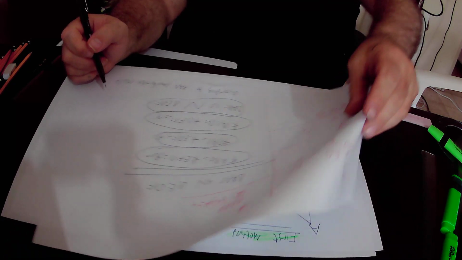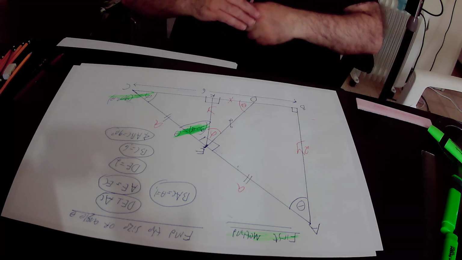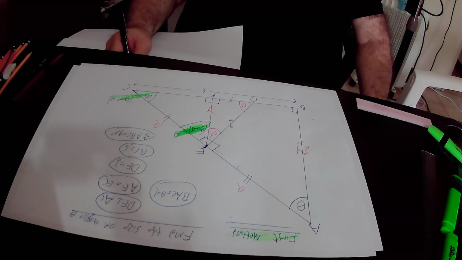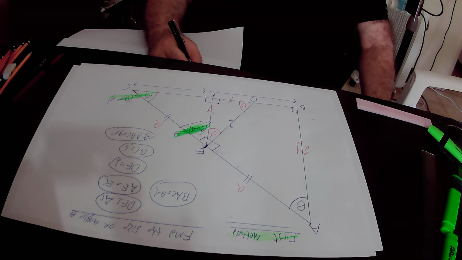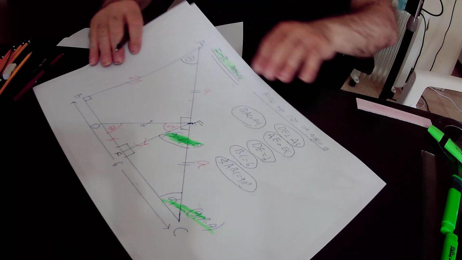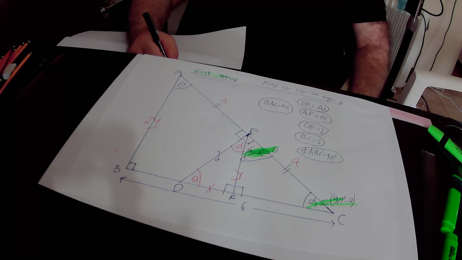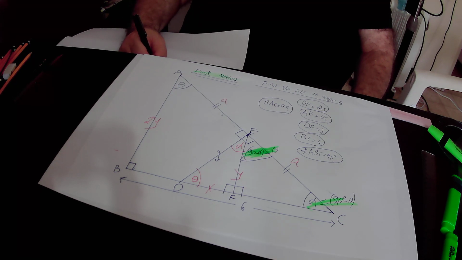And from the fact that those two right triangles are similar to each other, we will conclude that AB over BC in the right triangle ABC is equal to DF over EF in the right triangle EDF.